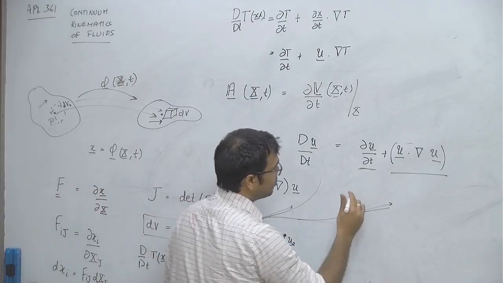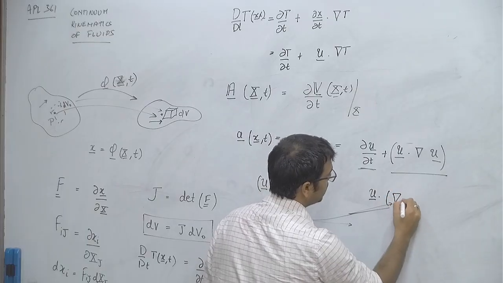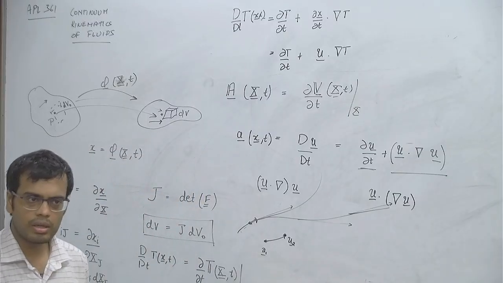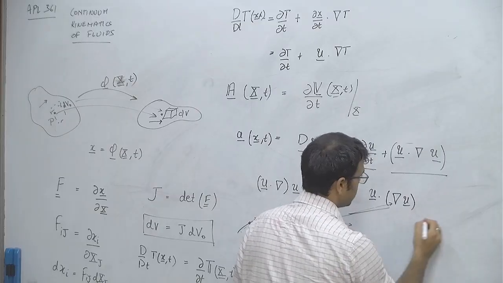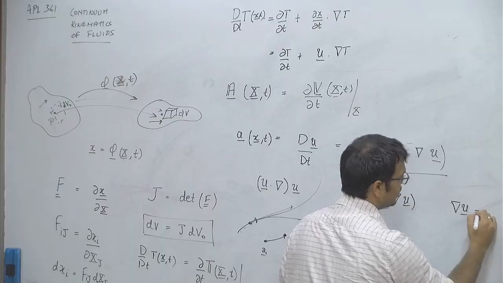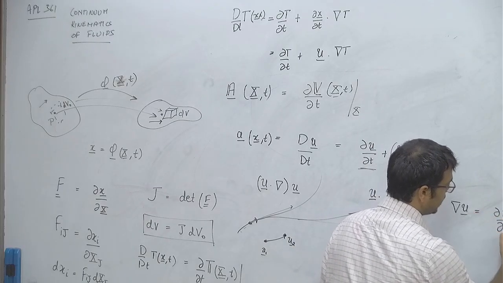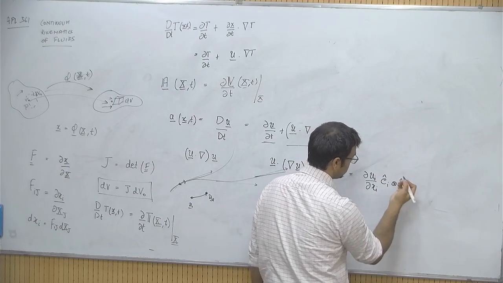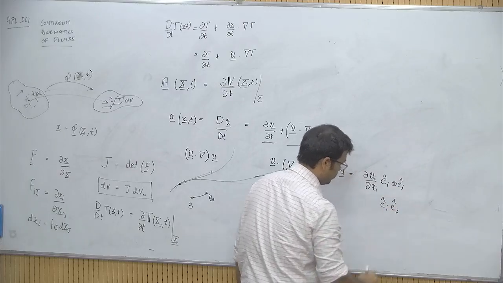The other way of interpreting this term is that you're taking a dot product with something very fundamental in fluid mechanics, and that is called the velocity gradient. Okay, so you can simplify this term. The gradient of velocity by definition is going to be ∂uj/∂xi e_i ⊗ e_j, or if you just want to write it next to each other, that is also fine.